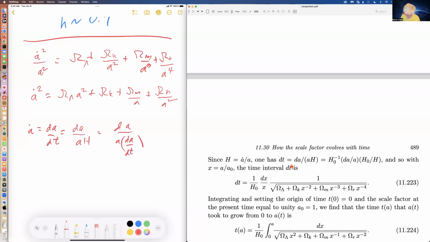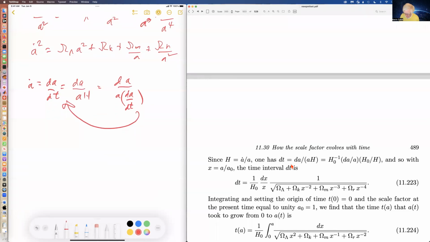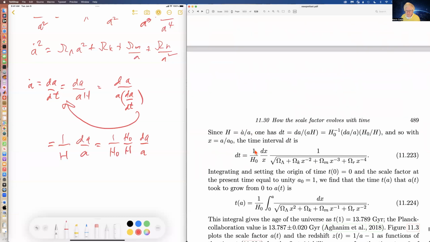So that's how you get from there to there. And so this thing in the bottom is 1 over H0, or 1 over H dA over A, and then you rewrite this as 1 over H0 times H0 over H dA over A. And so eventually then you get dt.